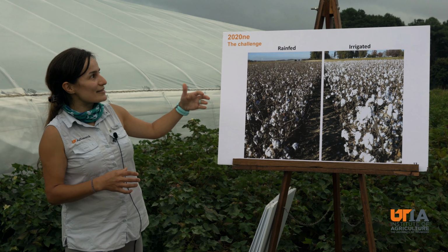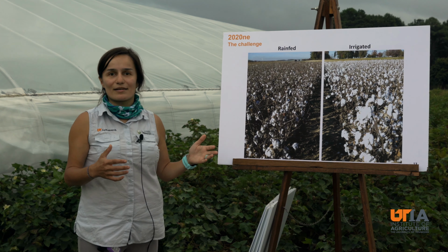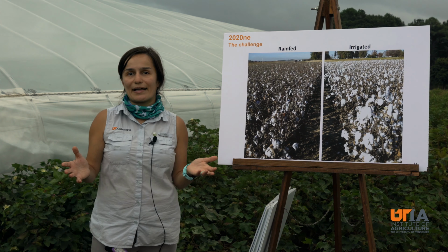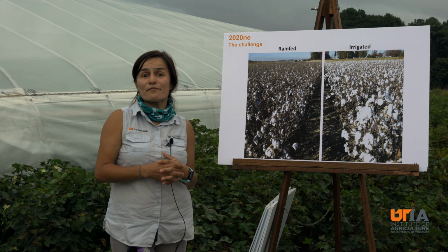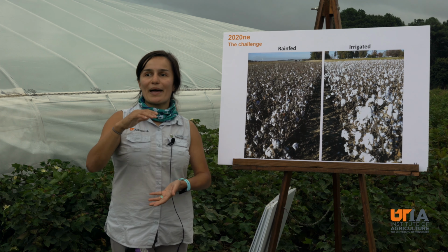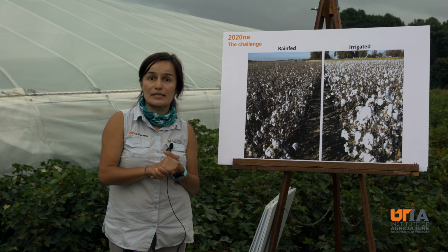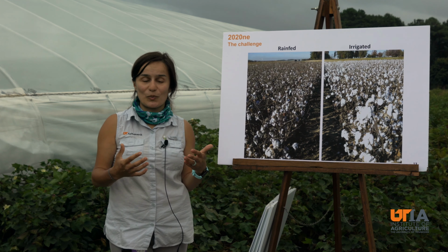One thing that makes this more complicated is the PGR application, which cotton does need. Cotton plants need to receive PGR such as Pix to manage the height of the plant, to manage the vegetative growth of cotton, while we want to have better yield, better lint quality.